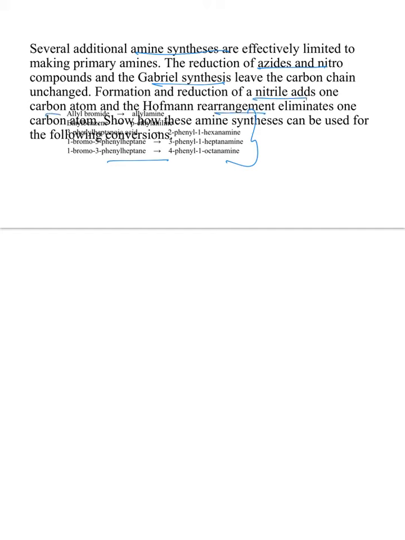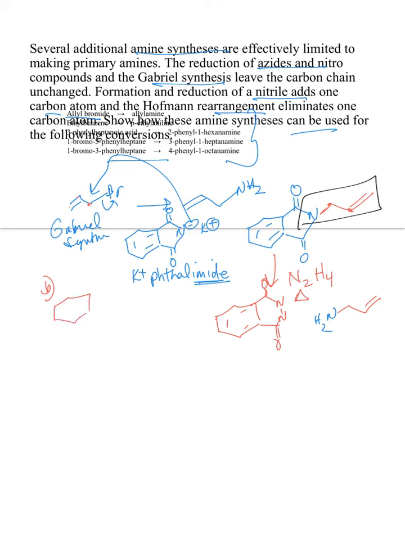Okay. Our next one is B. We're taking this compound here, which is ethylbenzene, and we're trying to make this aniline, para-ethyl aniline.